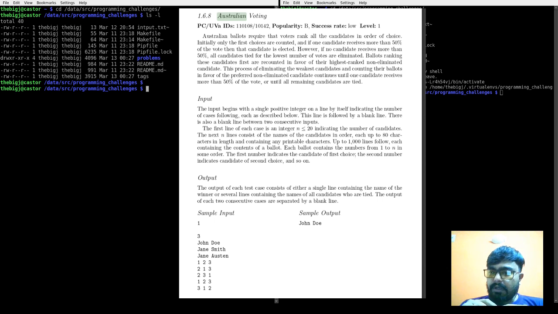Each ballot contains the numbers from 1 to n in some order. The first number indicates the candidate of first choice. The second number indicates the candidate of second choice, and so on.